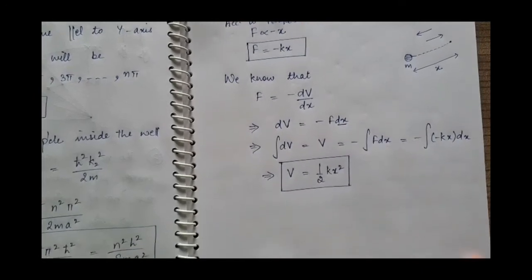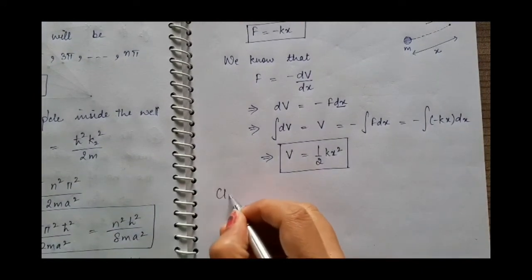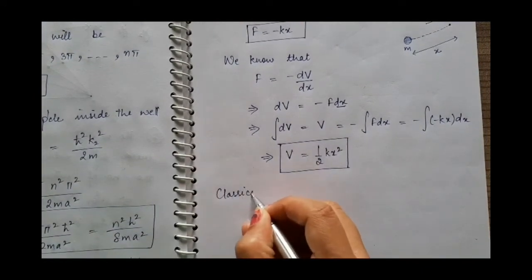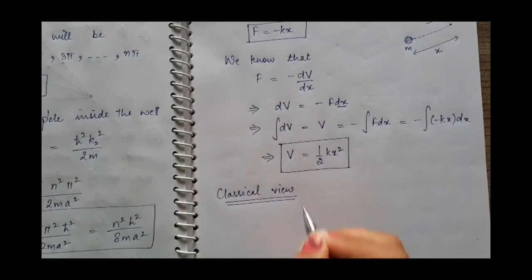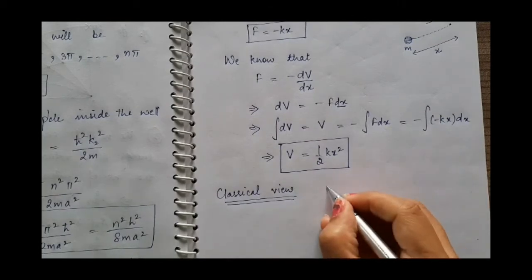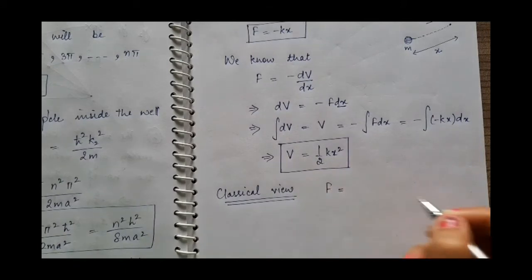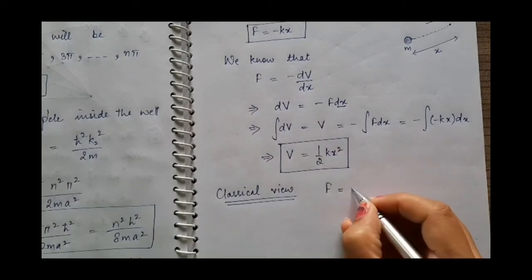Now we will discuss its classical point of view. According to the classical view, if a particle of mass m is exhibiting simple harmonic motion, then its force is equal to mass into acceleration, according to Newton's second law of motion.